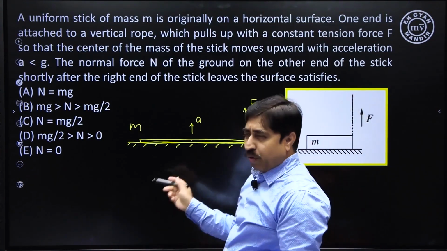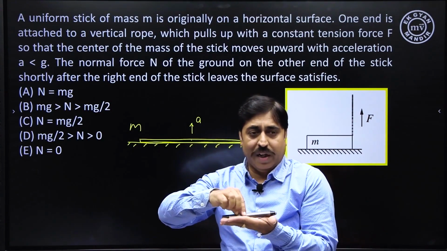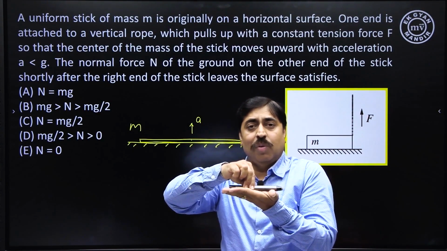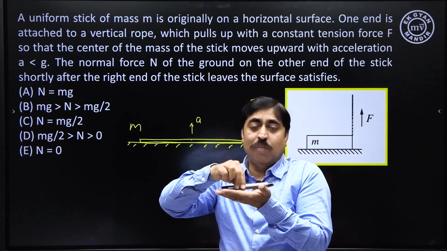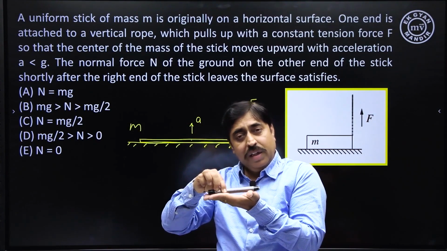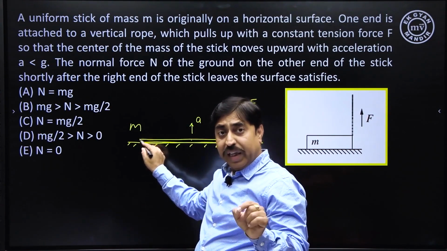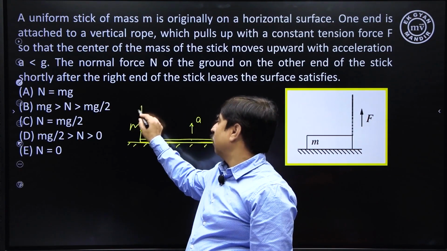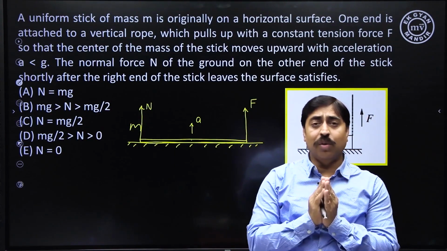So of course, as soon as you apply a force at this end in upward direction, the whole stick loses contact with the surface except this leftmost point. This point will remain in contact with the ground, the rest everything will lose contact with the ground. So this end is in contact with the ground, and of course there is a normal reaction force acting over here.